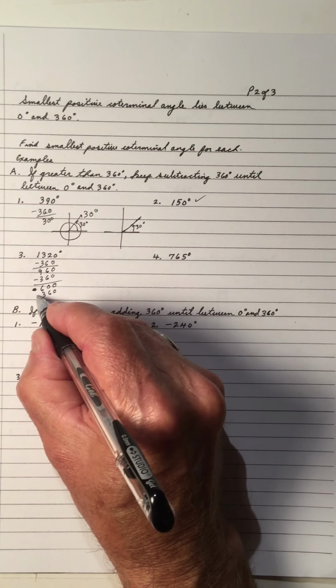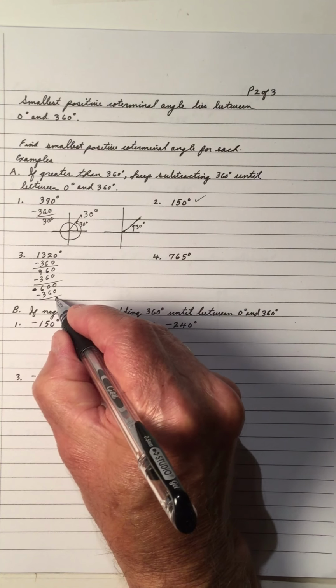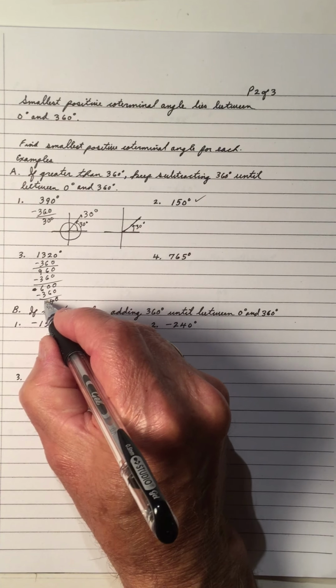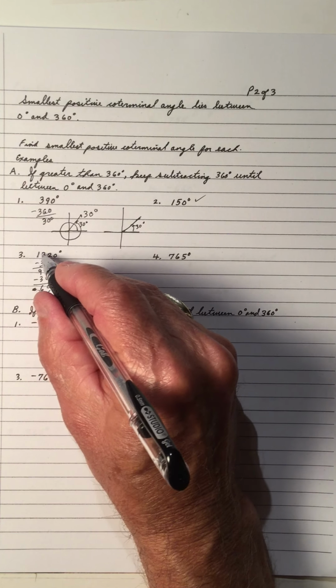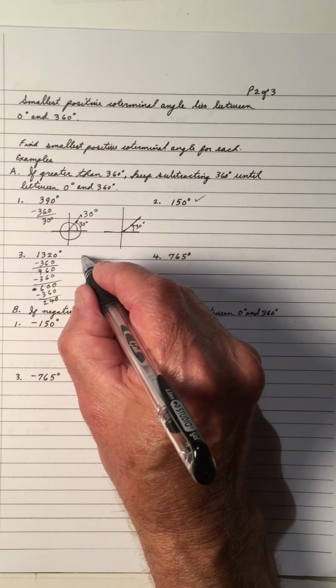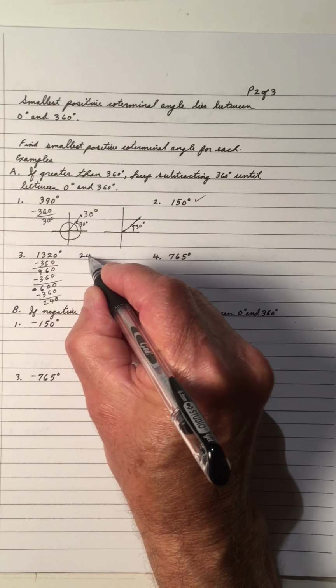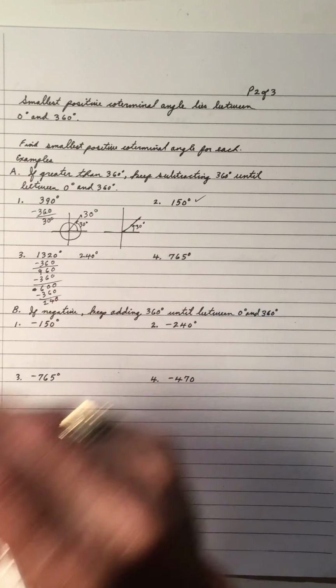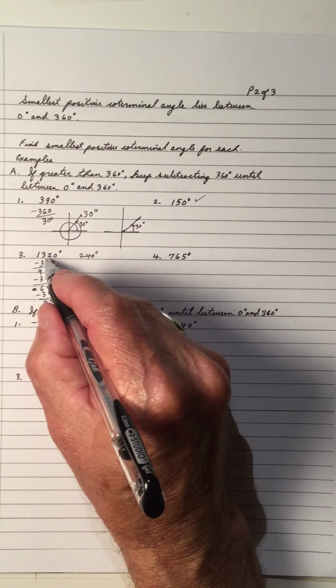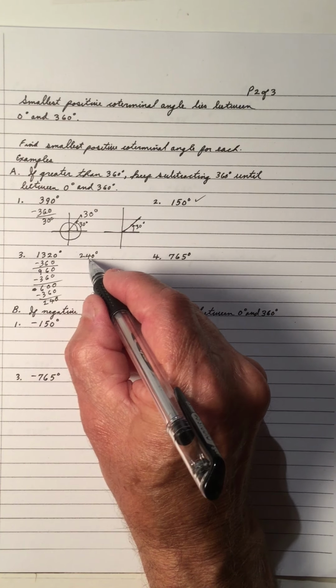That gives 240. So 1,320 degrees is the same as 240 degrees. Imagine graphing 1,320. It's easy to graph 240.